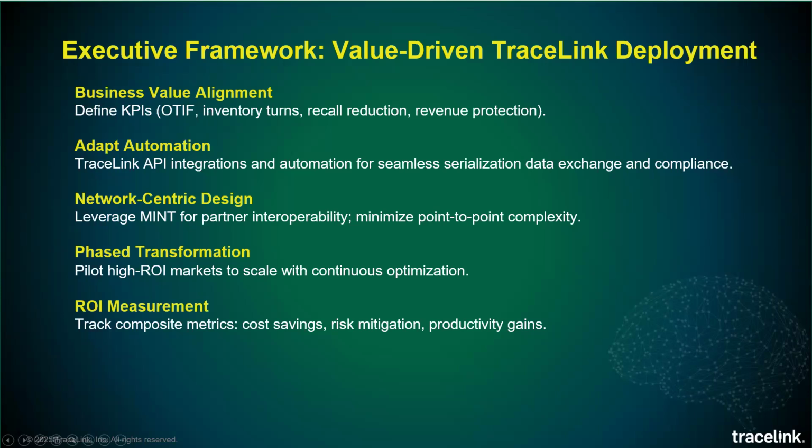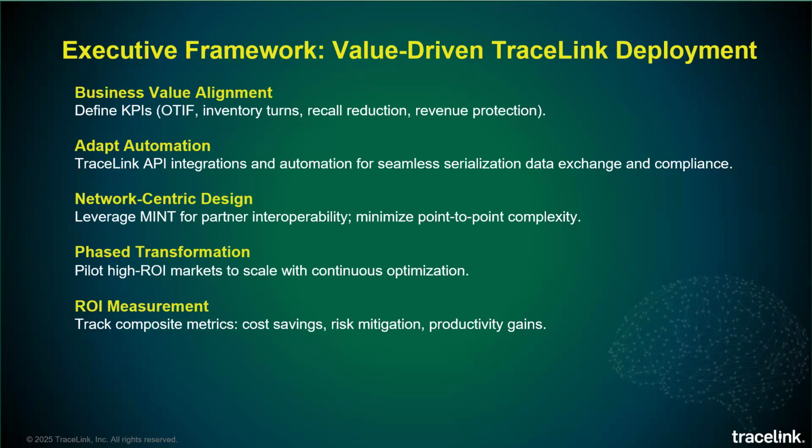Then to have the phased transformation. This is the key, which I'm sure most of us are already doing, but the key is to have the high ROI markets or partners in the pilot phase of implementation, right? So we need to identify and start with the high ROI pilot markets to validate the processes, integrations, and compliance workflows on TraceLink.